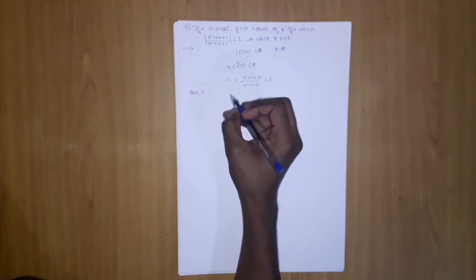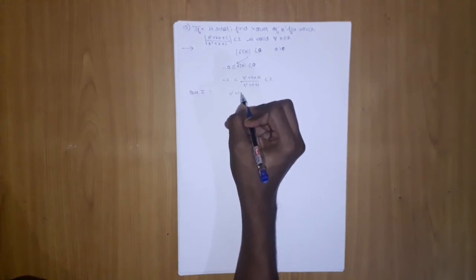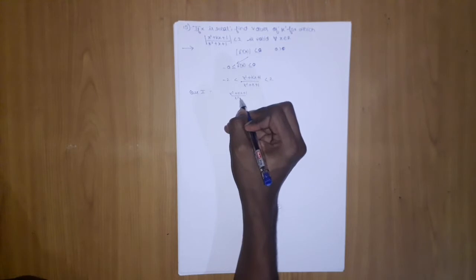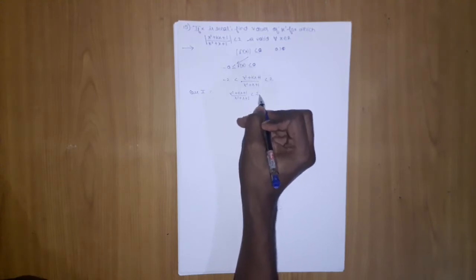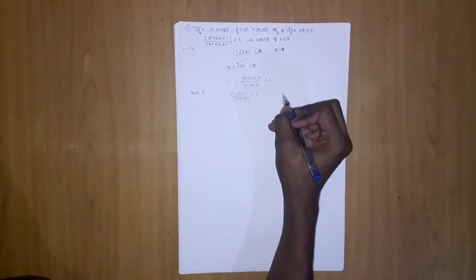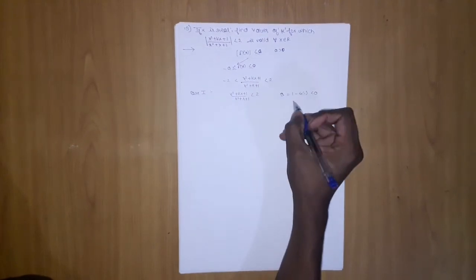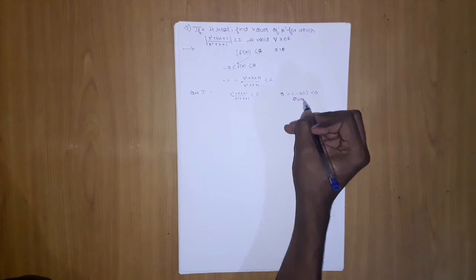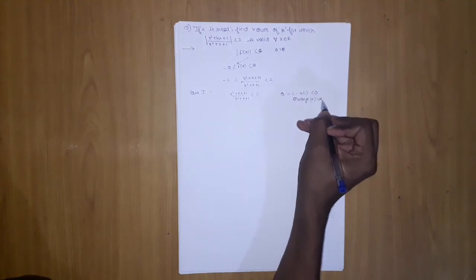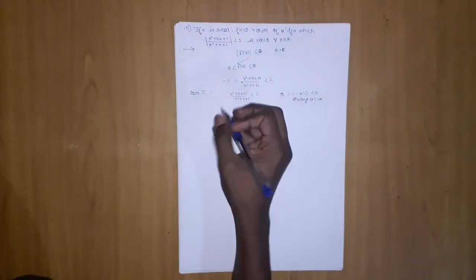So I am taking this part, (x square plus kx plus 1) upon (x square plus x plus 1) less than 2. Here just check this denominator: D is 1 minus 4 into 1, which is less than 0, so it is always positive. So we can directly multiply it here.